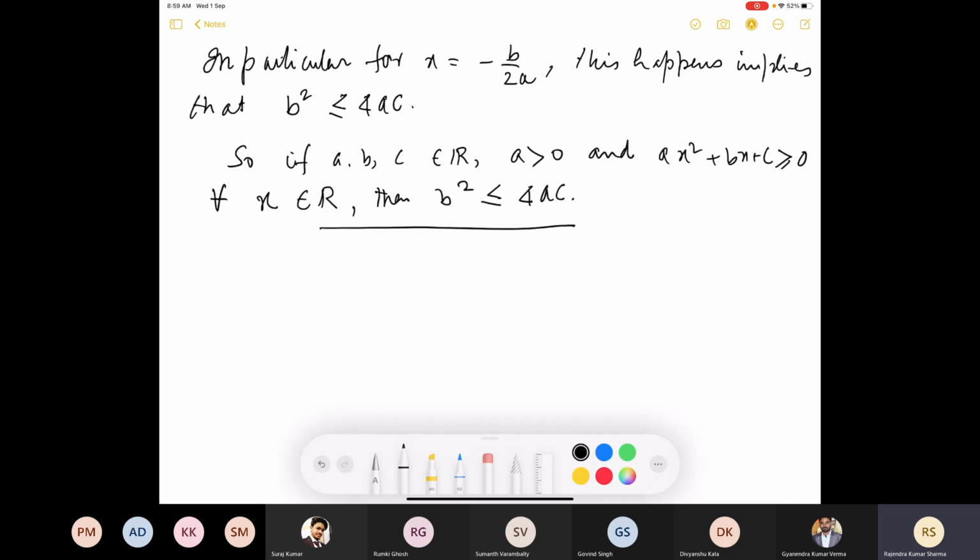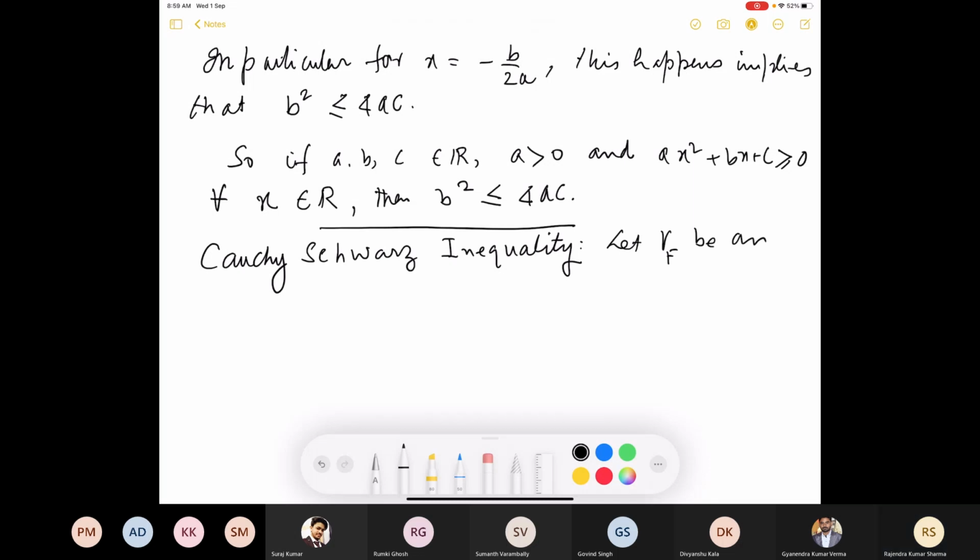Now the Cauchy-Schwarz inequality. What the Cauchy-Schwarz inequality says is that let V over F be an inner product space.